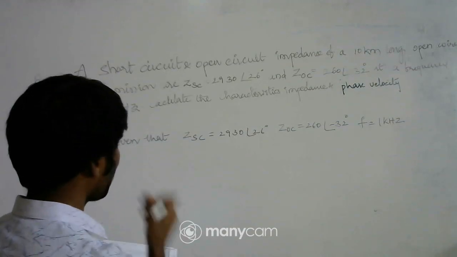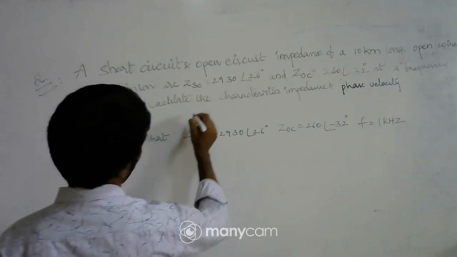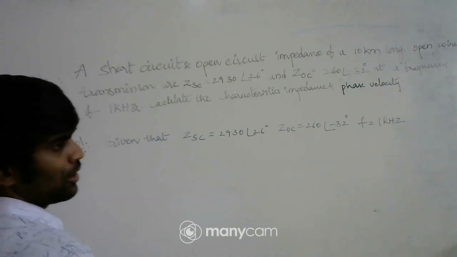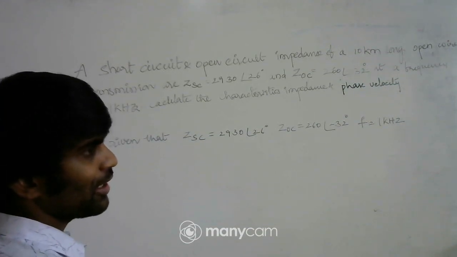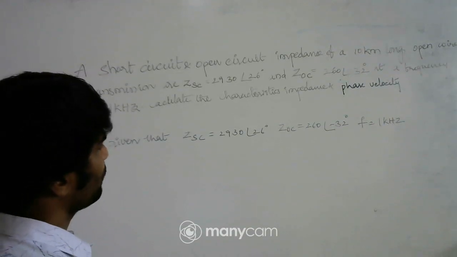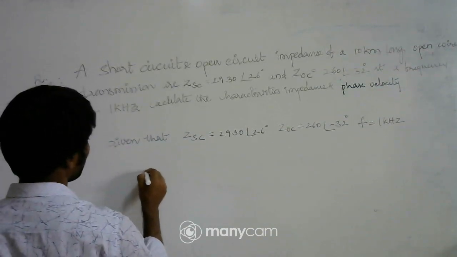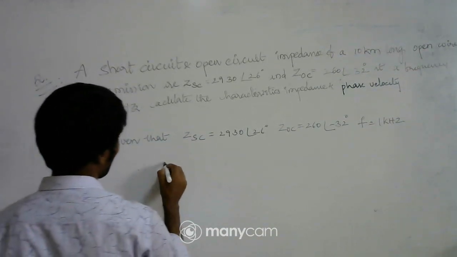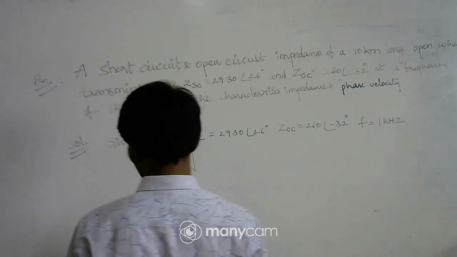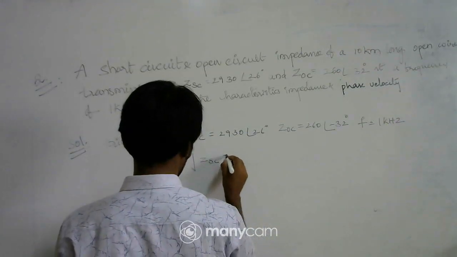First, what do you need to find out? Here we have ZSC and ZOC, impedance at short circuit and impedance at open circuit. You need to find the characteristic impedance of the circuit. The formula for Z naught is the square root of ZSC times ZOC.